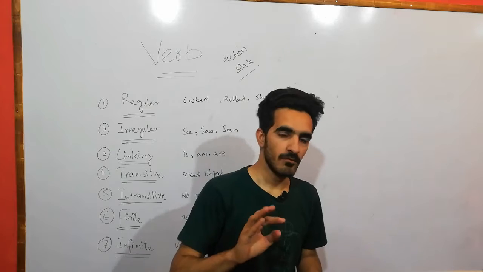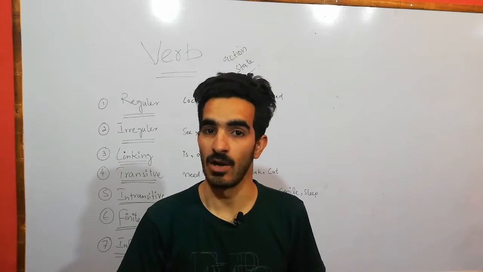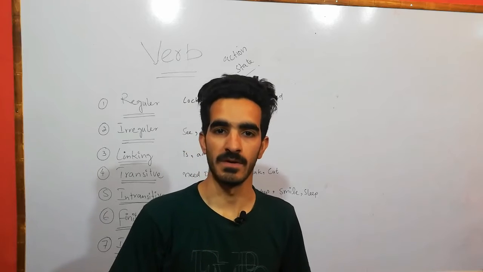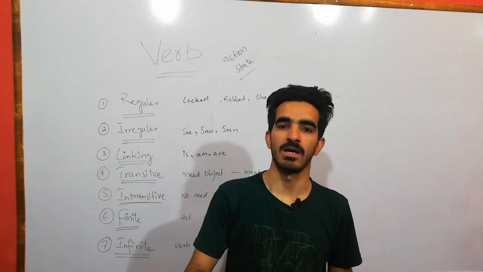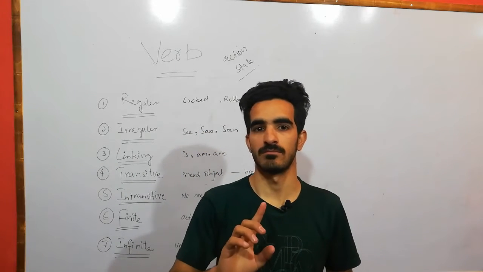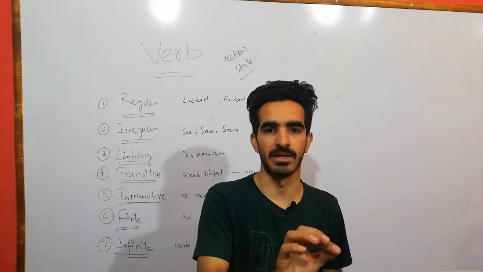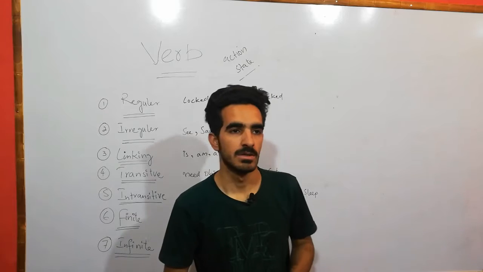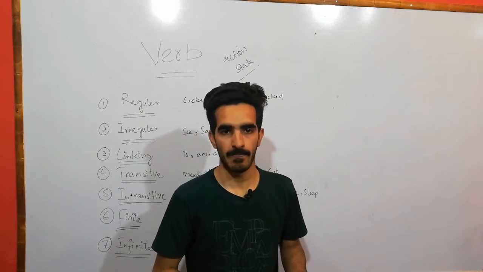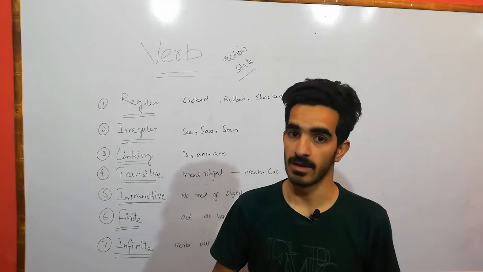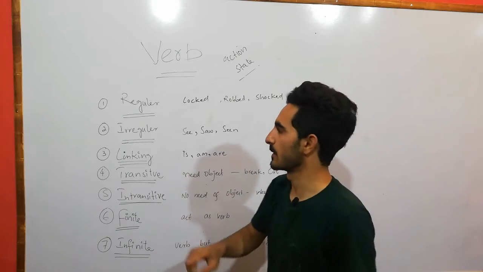For example, lock, locked, locked, rob, robbed, robbed. The d or ed is added at the end. This is called the regular verb. After this video you will completely understand the verb and its kinds, I'm sure.